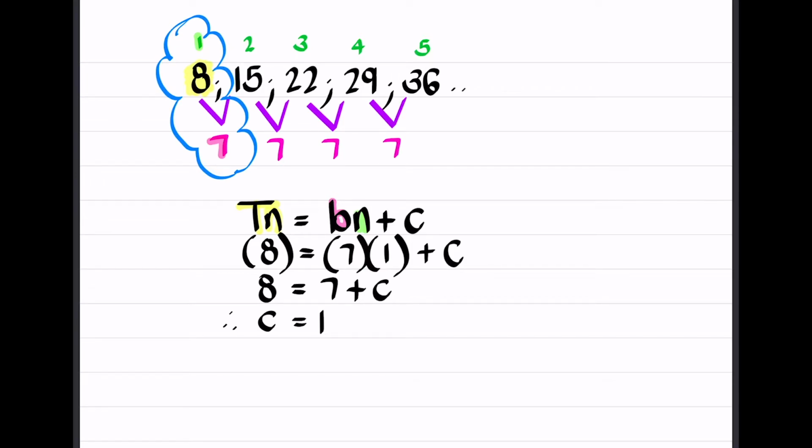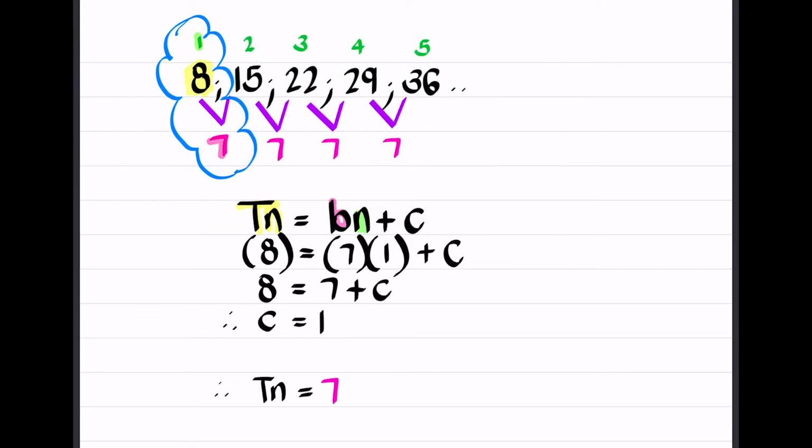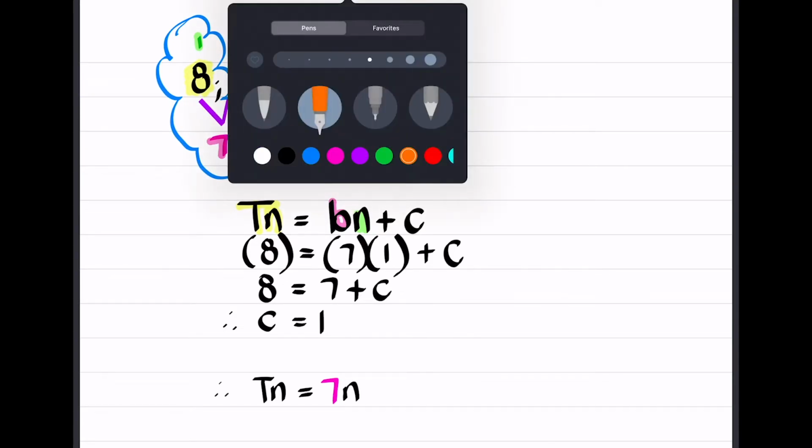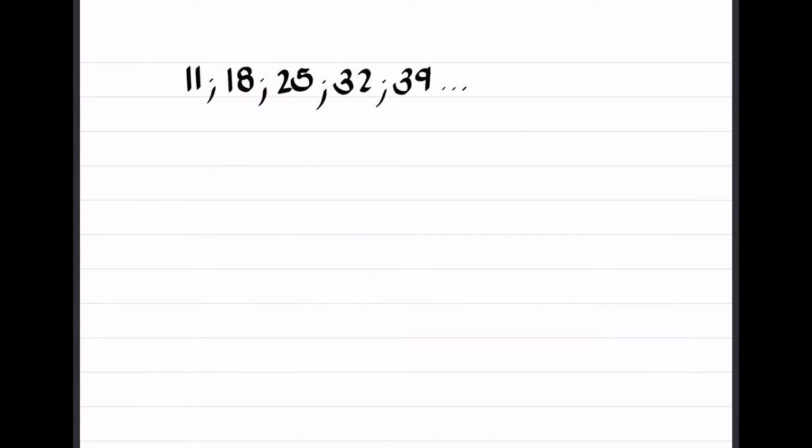So now I've got my B value and my C value, so I can conclude that this nth term is Tn equals 7n plus C, and in this case the C value was 1.